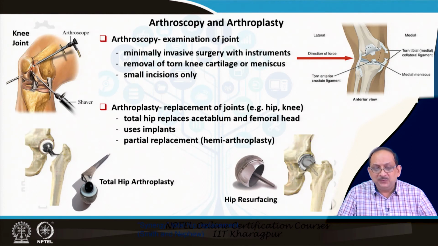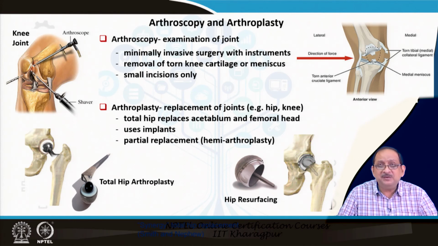In order to treat joint disorders, arthroscopy and arthroplasty may be undertaken. Now, what is arthroscopy? Arthroscopy or keyhole surgery is a minimally invasive surgical procedure that can be performed on a joint.